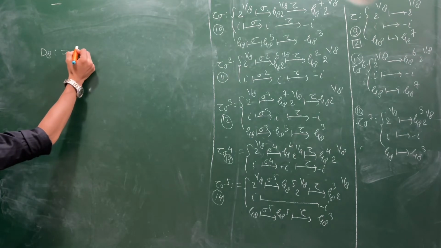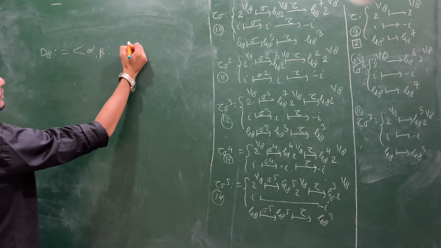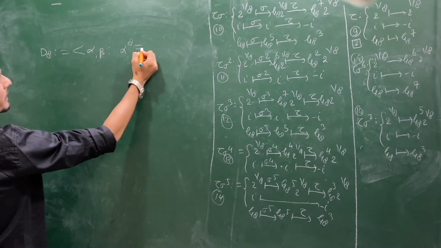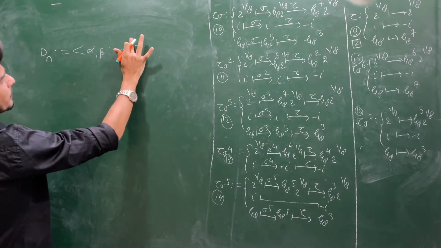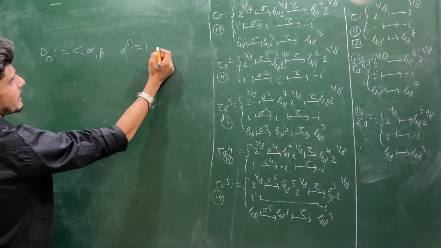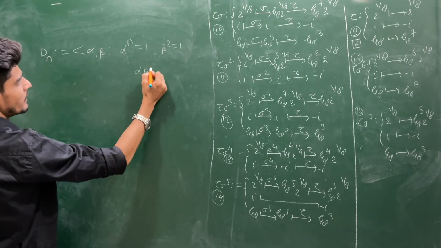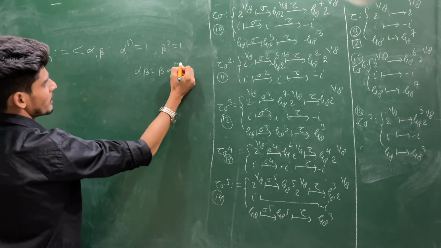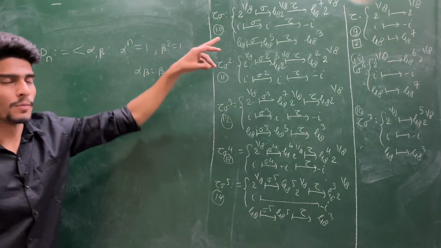D8 is, say, the group generated by alpha, beta, where alpha to the power, say, or in general let me write n, the order of alpha is n, beta squared is 1, and alpha beta is the same as beta alpha to the power n minus 1. But you observe, we do not have this property here.